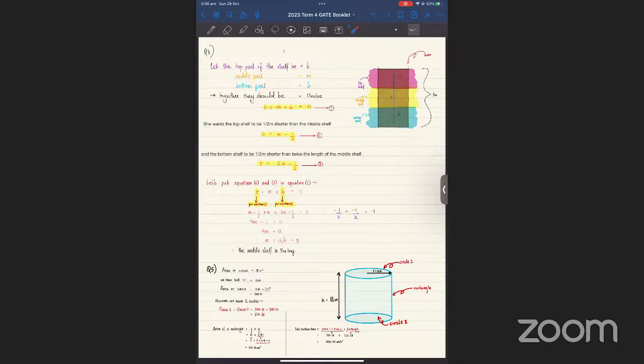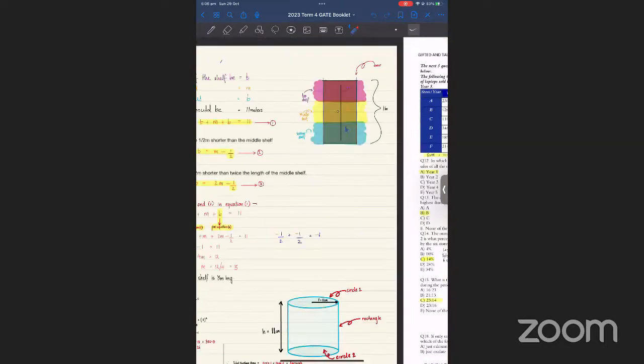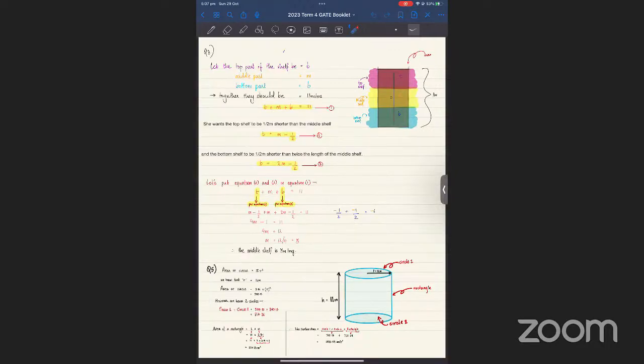Before I even do this, actually, let me show it to you. This is really nice. Would you guys like to take a screenshot of the set of notes?